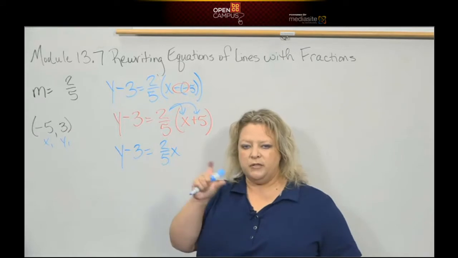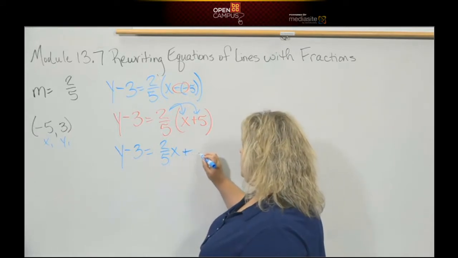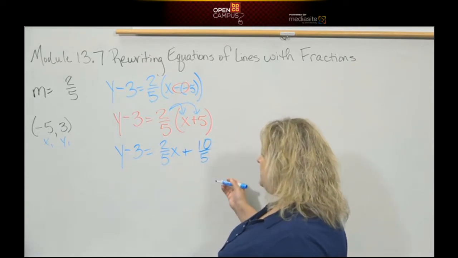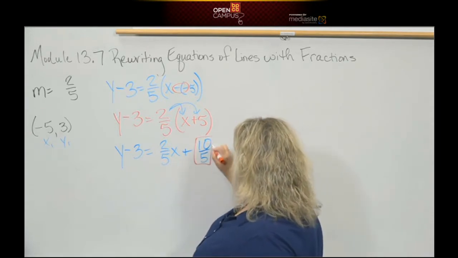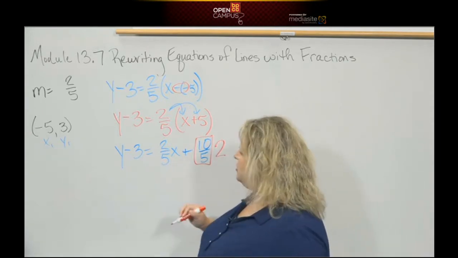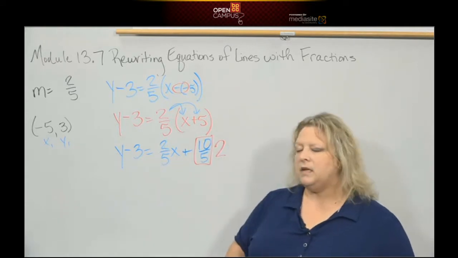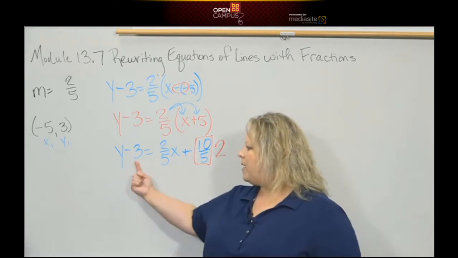Or you can reduce the two 5s first. It doesn't really matter. But you ultimately get 10 over 5. And 10 over 5 really reduces to a 2. So I'm going to put a box around that and write 2 so that you know those two are the exact same thing.